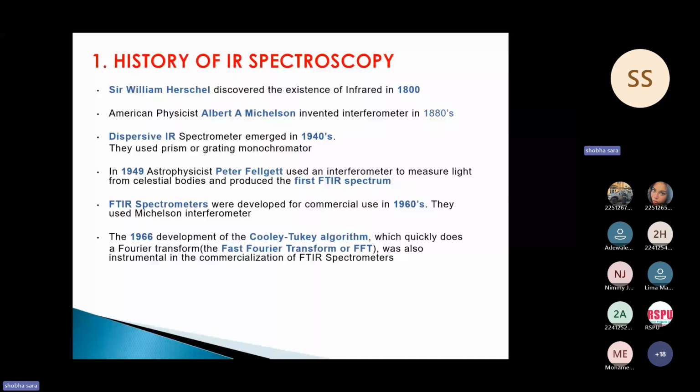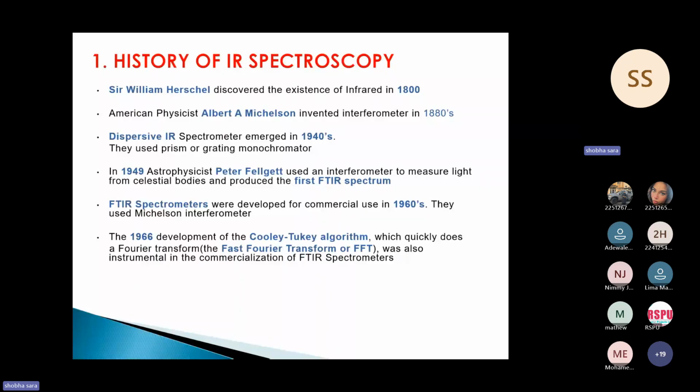Later, they understood they had to do something about it, and they tried to make use of the interferometer that was discovered in the 1880s. Even though the interferometer existed, for a practical FTIR instrument they required faster computers, sensitive detectors, and advanced optics, which were lacking at that time.